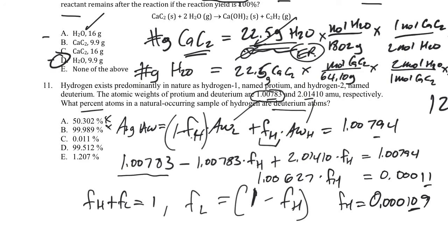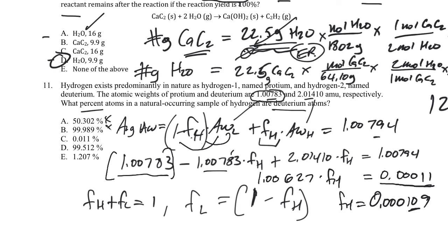Okay, so what I did was I cross-multiplied the lighter isotope mass into 1 minus the fraction of the heavier. So I get this expression here. I then subtract 1.00783 from both sides. So that works out to 0.00011.